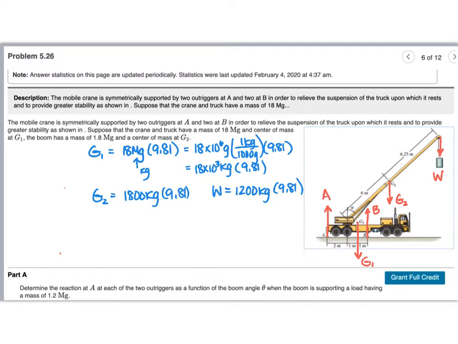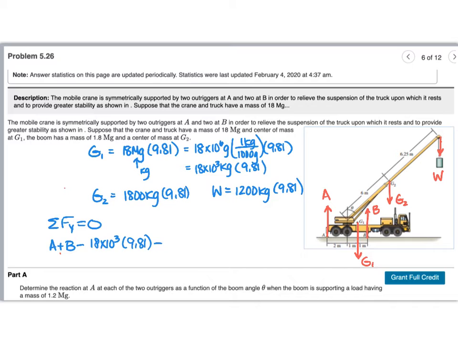So when I'm looking at this problem, one of the things that I can look at for equilibrium is the forces in the y direction. We don't have any x forces, so that's nice. And positive forces are A and B. And the negative forces are all the weights. So I have 18 times 10 to the third times 9.81. So that's the weight of the truck and the crane.